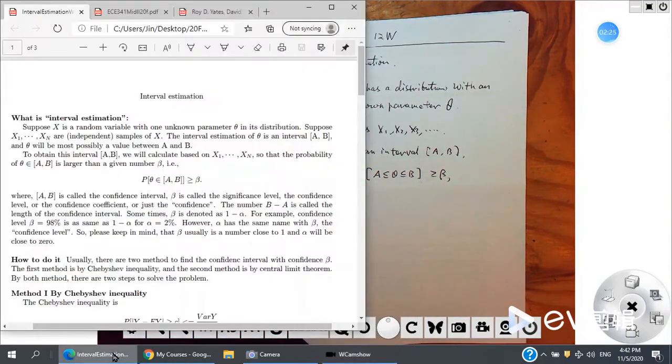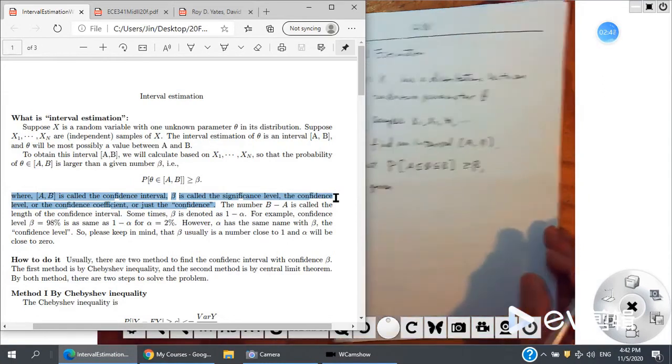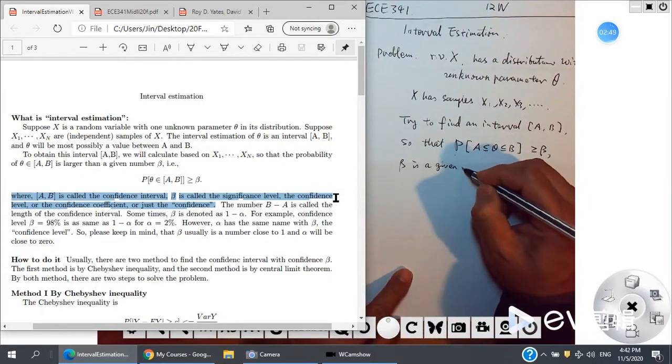They have several names. We have this interval. The beta is called the significant level, the confidence level, or confidence coefficient, or just the confidence. Alright, several names. It's a given number.